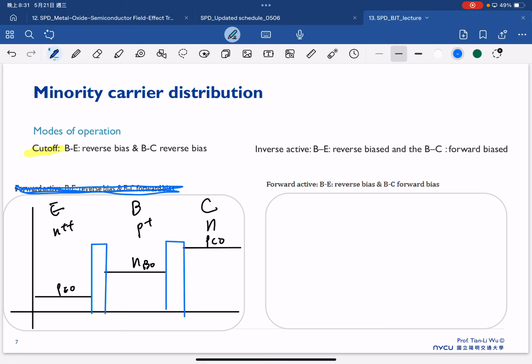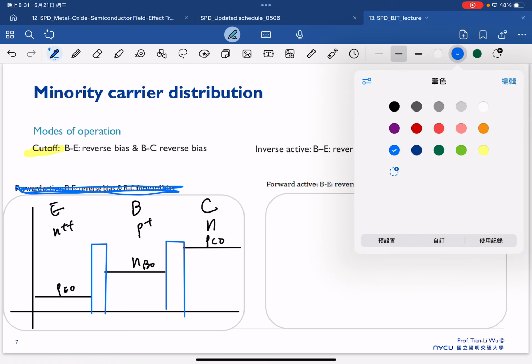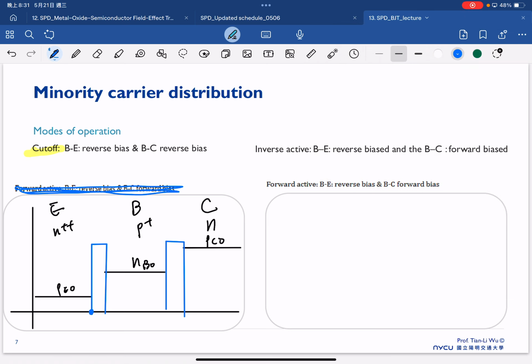And when we consider the reverse bias, the thing we need to remember is that at the edge of the depletion region the minority carrier concentration is always 0. So the distribution here is the equilibrium and goes back to 0, because this is reverse bias.